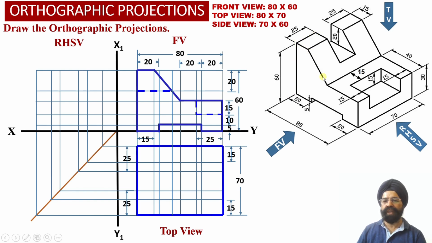Besides this, these 2 true shape rectangular surfaces are also visible to the observer from the top view orientation, and we know the dimension of these rectangular faces corresponding to element number 2. They have width 15 millimeter and depth 25 millimeter.